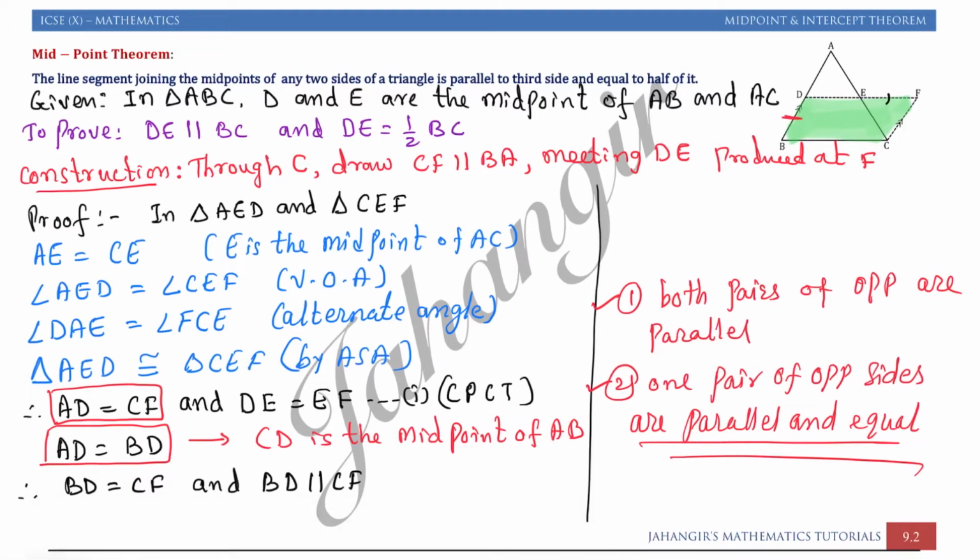These two sides are parallel and equal. So we will say therefore DBCF is a parallelogram. Reason: one pair of opposite sides are parallel and equal.